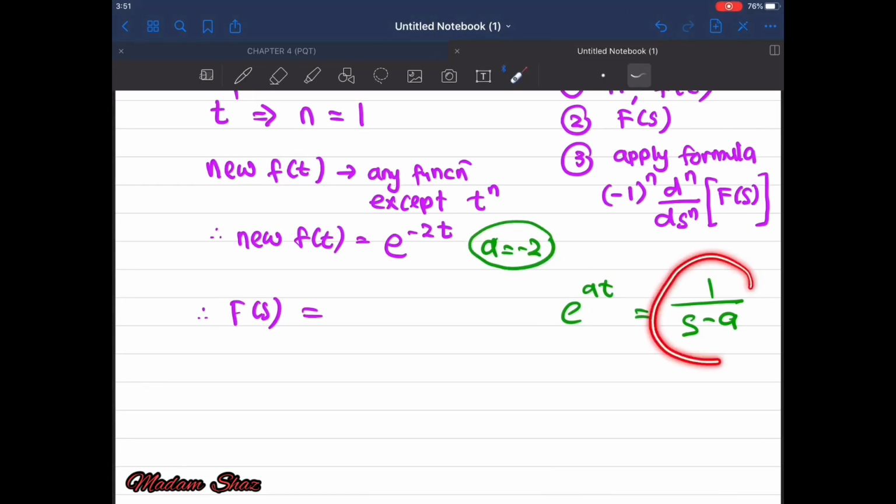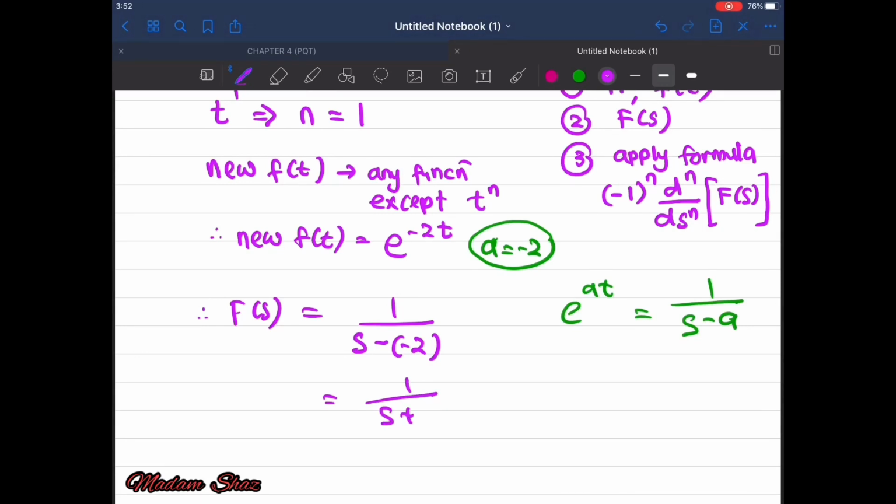Therefore, in 1 over s minus a, we substitute a as negative 2. So F(s) will become 1 over s minus negative 2, so 1 over s plus 2. Okay, so this is the answer for F(s).